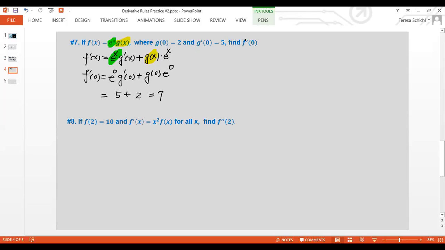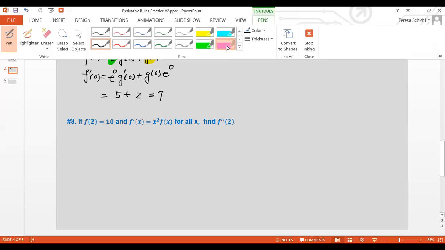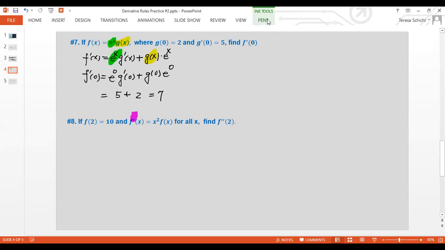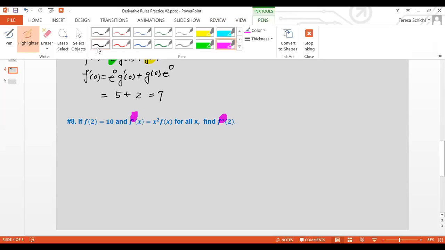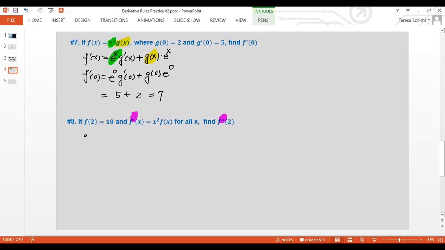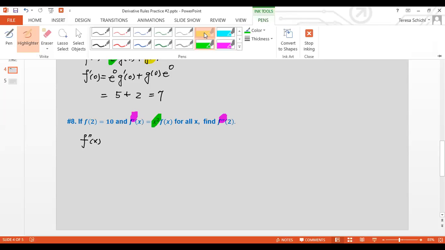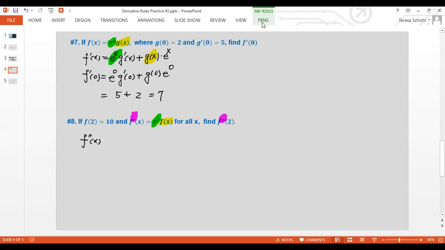So number 8 in here, they already give you the first derivative, right? They want to find the second derivative. That means I need to take the derivative again. So the second derivative will be, in here, still a product rule because I have the multiplication of two functions.